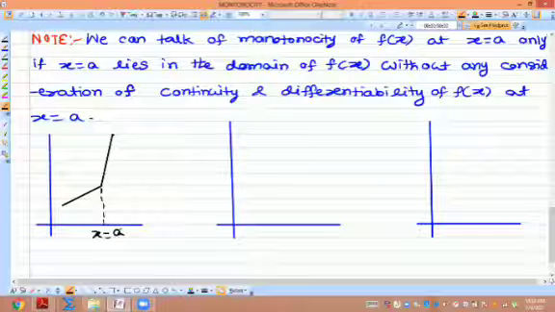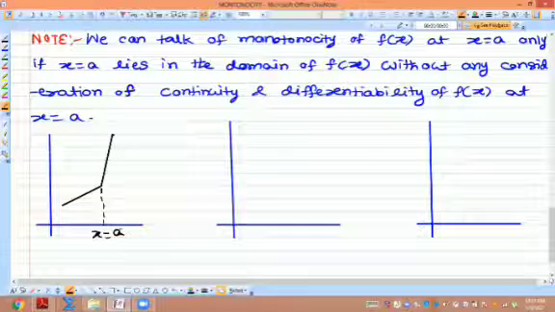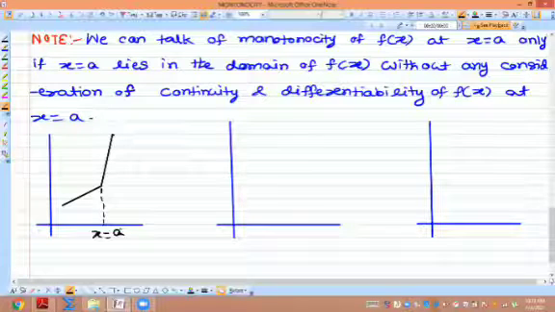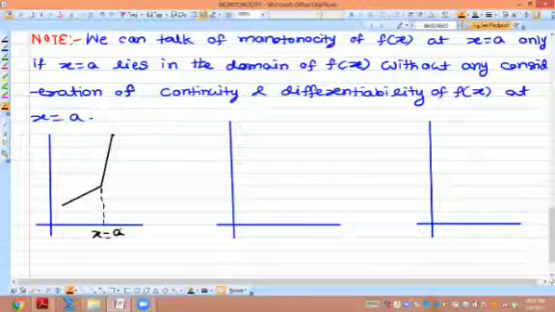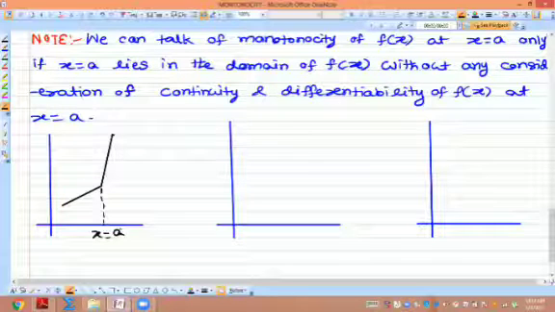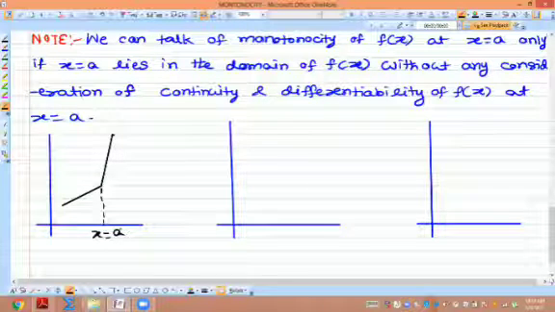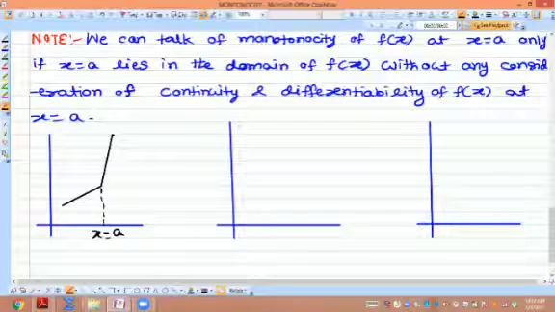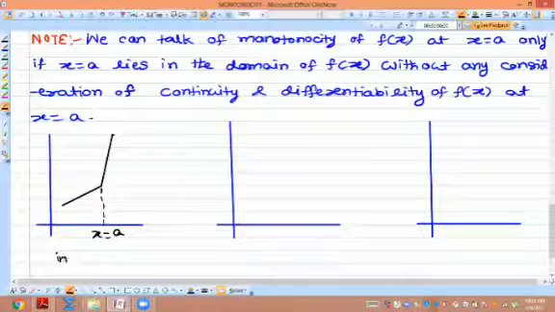Now you tell me, from the first graph, is it differentiable at x equals a? No, sir. Why? Sharp edge. Yeah, there is a sharp edge at x equals a, that means it's not differentiable. Okay, but before a the value is less and after a the value is more, that means the function is increasing only. Yes or no?